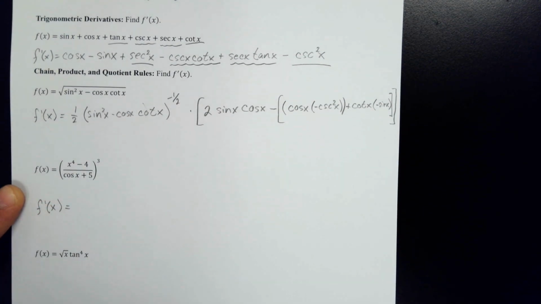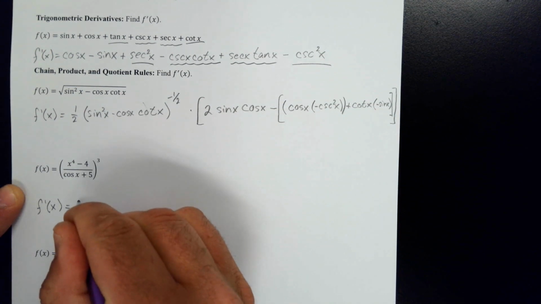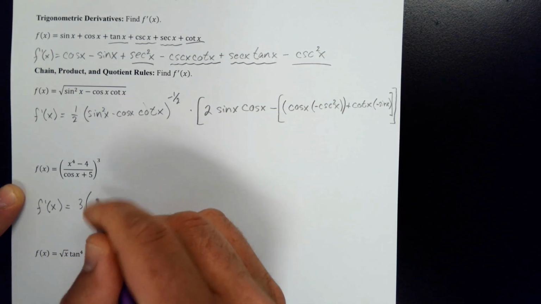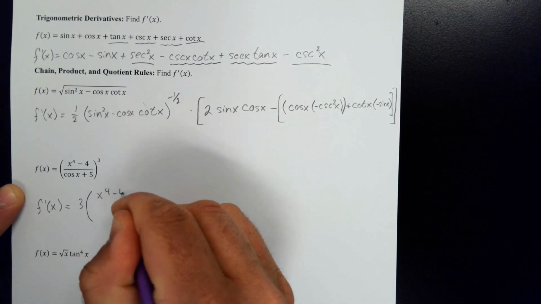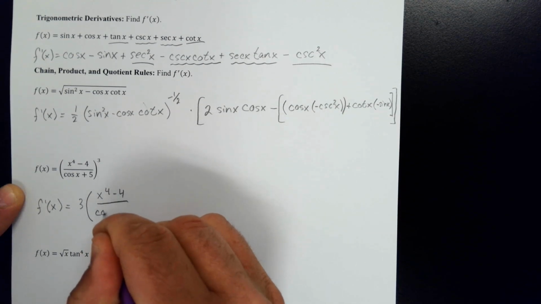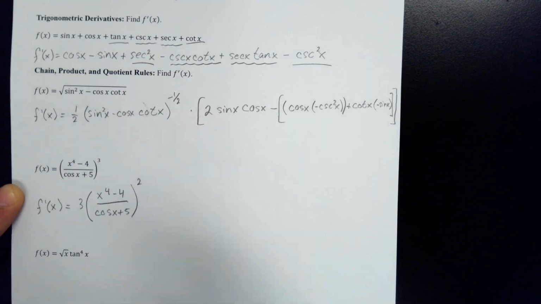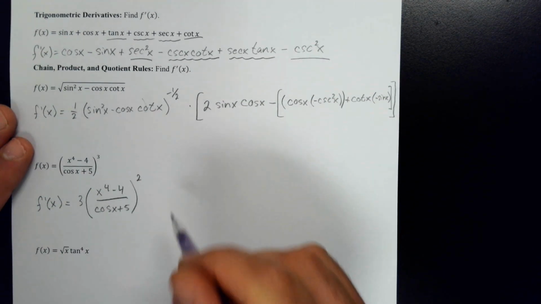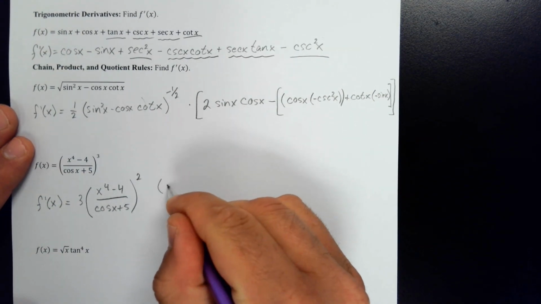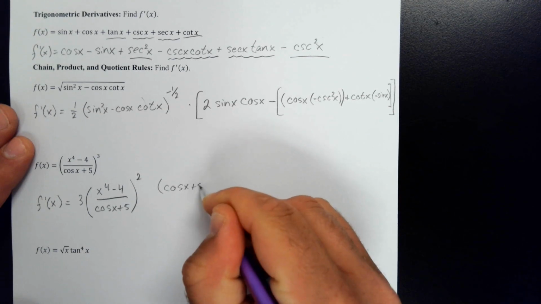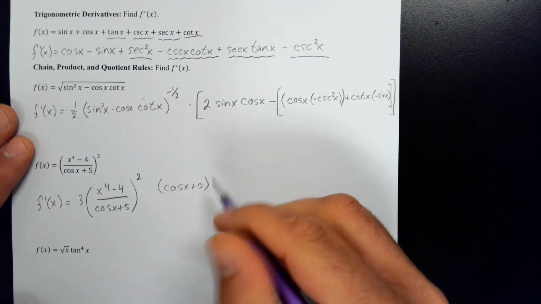f prime of x. So here the outside function is 3, so I'll bring that 3 down and leave the x to the 4th minus 4 over cosine x plus 5 totally alone, and change the power to a 2. And then I need to use the quotient rule to find the derivative of what's left inside. The quotient rule says the bottom left alone, cosine of x plus 5 times the derivative of the top.